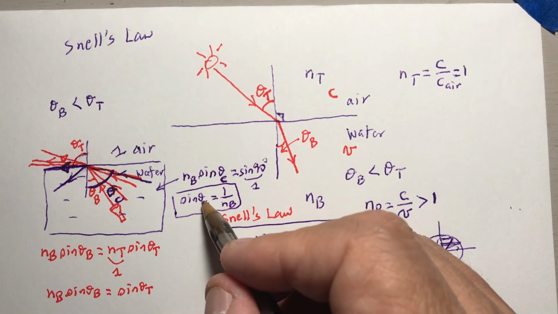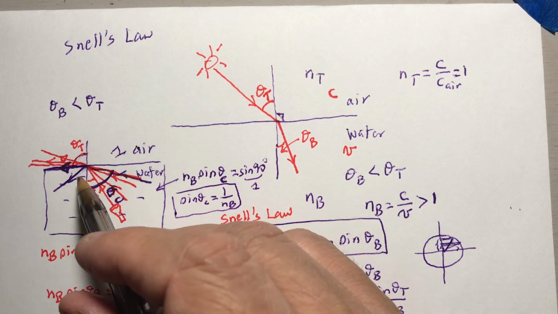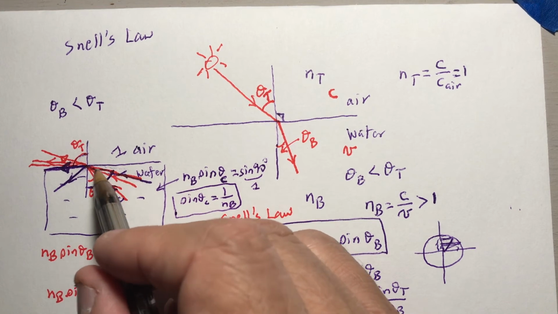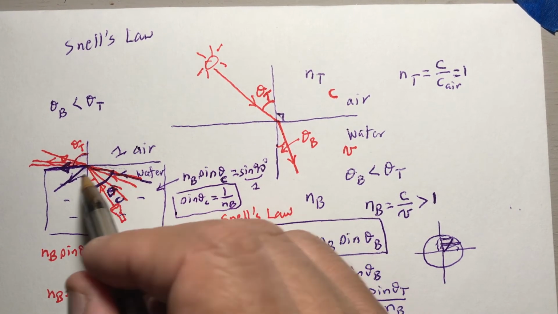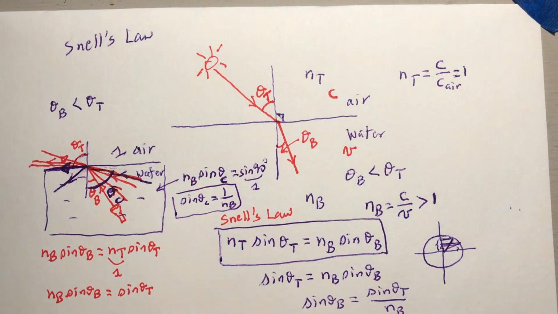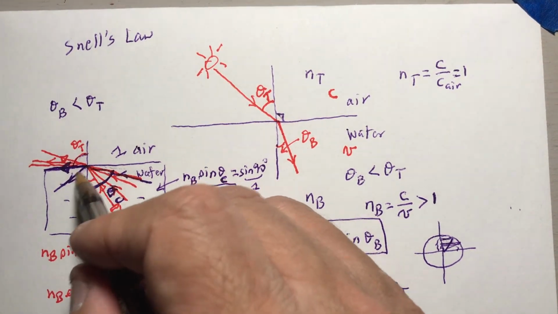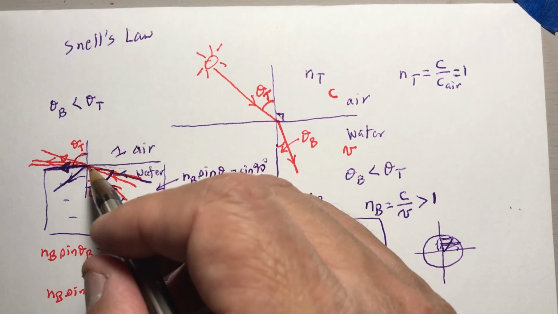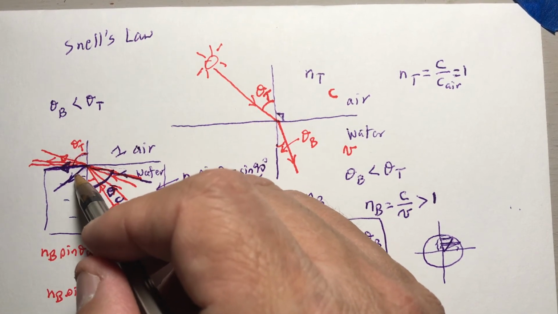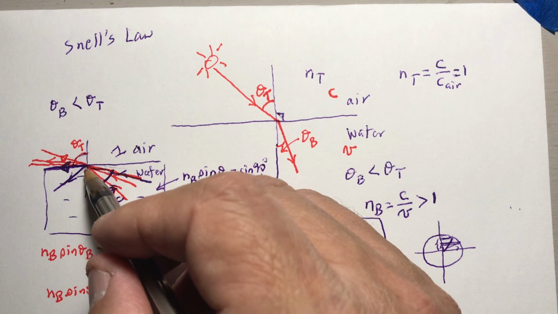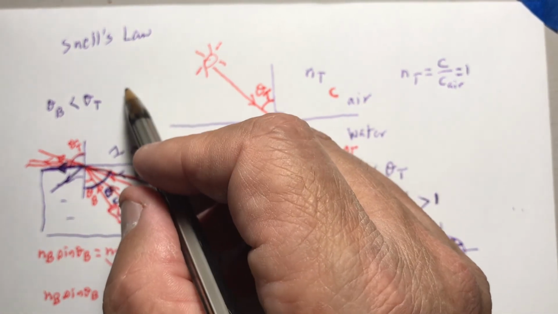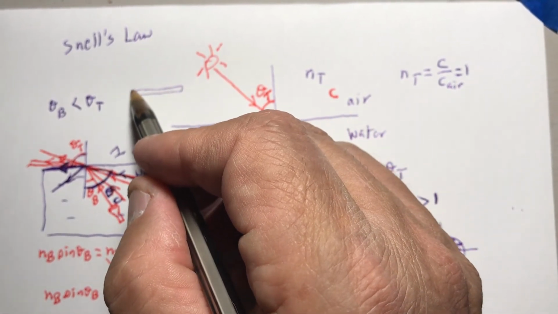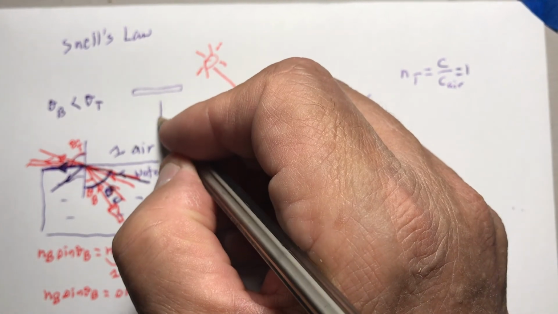So if you pass this theta critical, you're going to get total reflection. Any beam coming at an angle bigger than this theta critical will just have a reflection. You don't have a refraction, just reflection. And if you go below this theta critical, you will have a refraction. Also remember the light reflects when you have, for example, a surface like a piece of glass, and you send a beam of light like this.